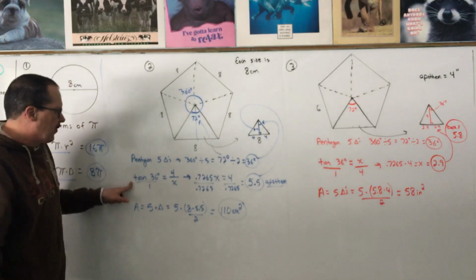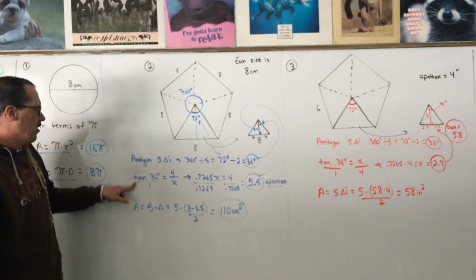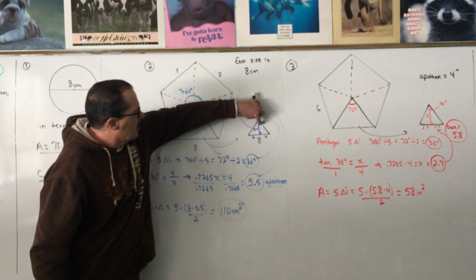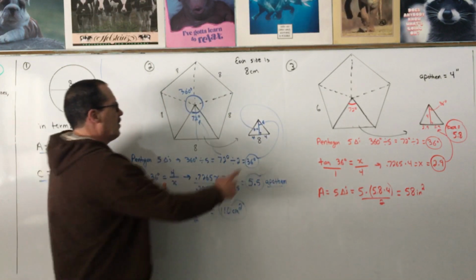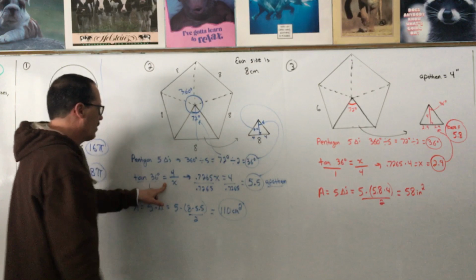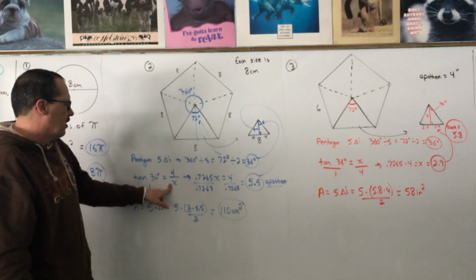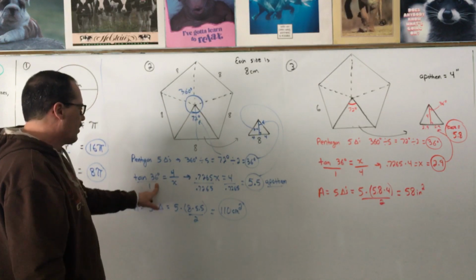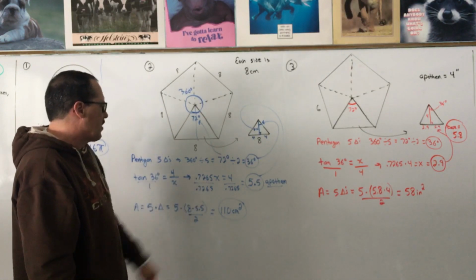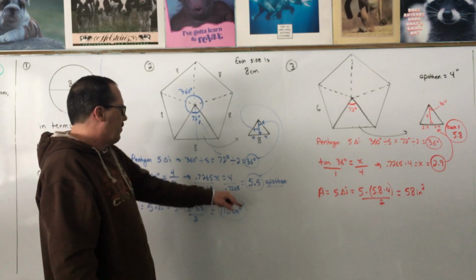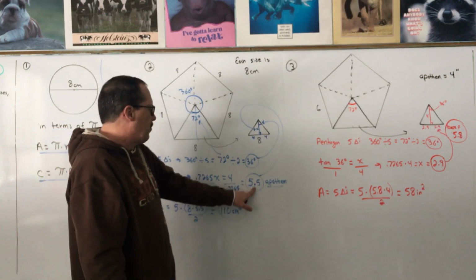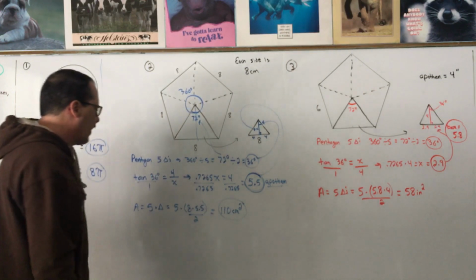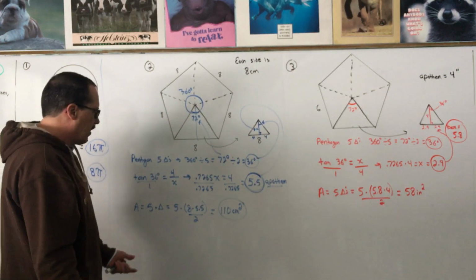So now I know that the tangent of 36 degrees, which is this angle, is equal to opposite over adjacent. And so I wrote 4 over x. And then I cross multiplied. The tangent of 36, which is 0.7265, times x equals 4, divided both sides by that, and we get 5.5. There's our other magic number that we needed, 5.5. And that's the one we actually used to get the area.